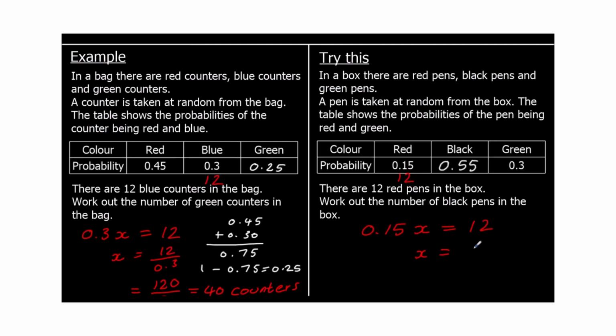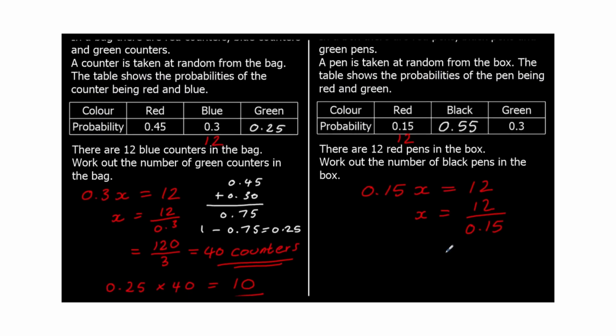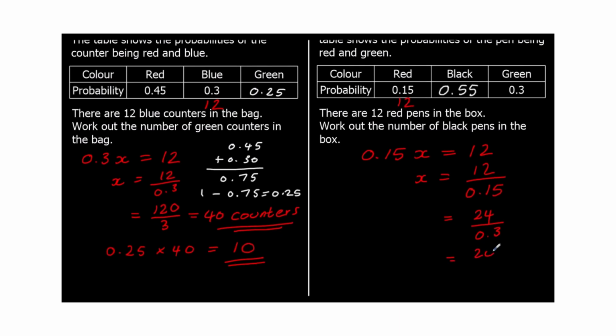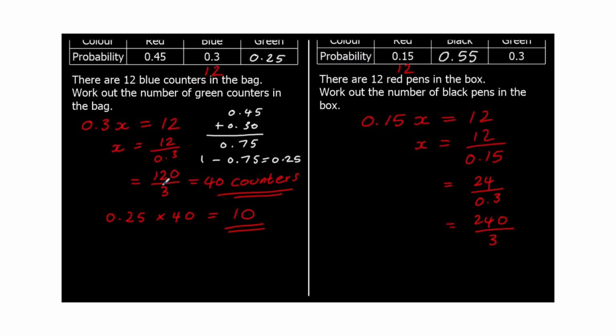If I divide both sides by 0.15, so that's double top and bottom, 24 over 0.3. Then multiply top and bottom by 10, 240 over 3. And 240 over 3 will be 80. So there are 80 pens in total.